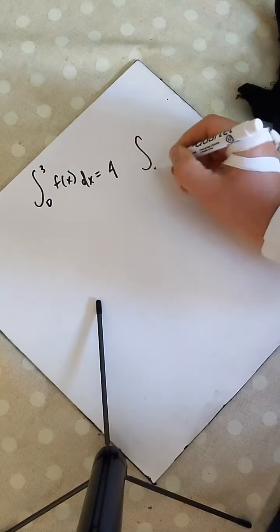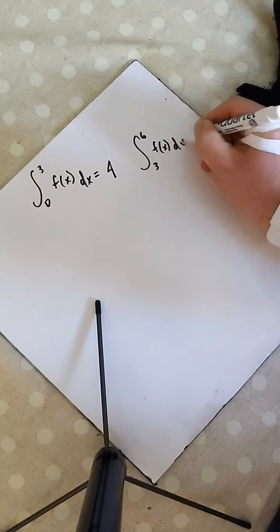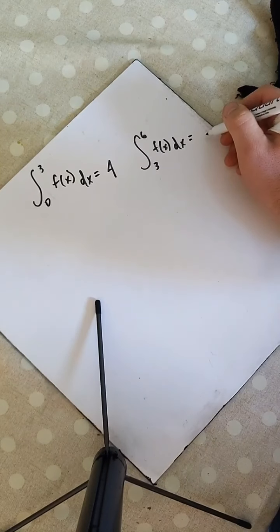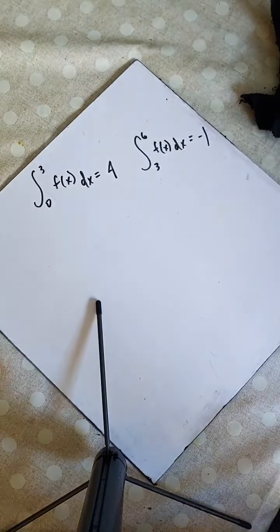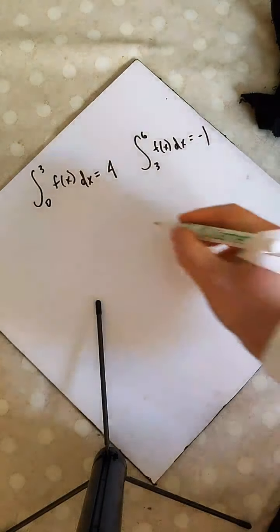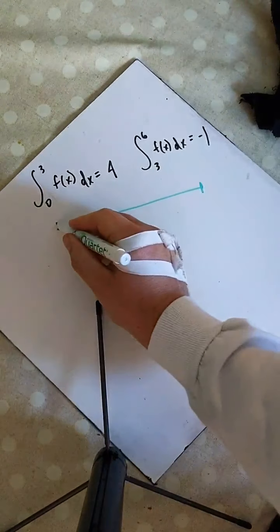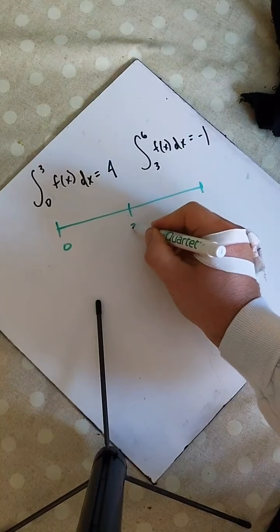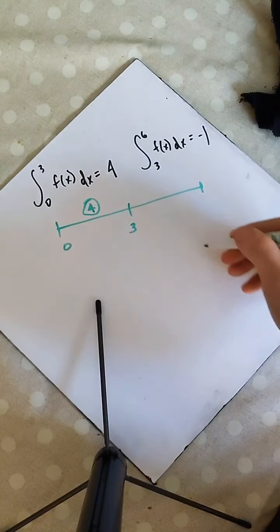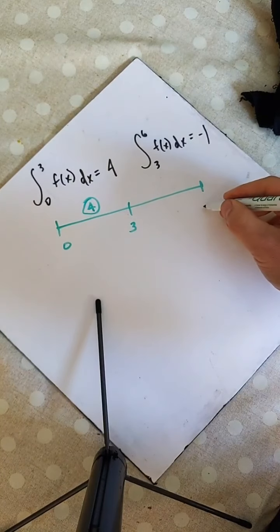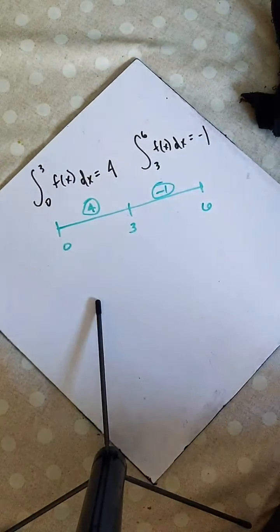And then the integral from 3 to 6 of that same function is equal to -1. I'm going to draw out a number line just so I can visually see what's going on. From 0 to 3, we'd have an area underneath the curve of 4, and from 3 to 6, its area is equal to -1.